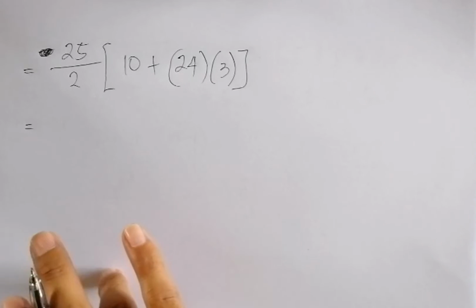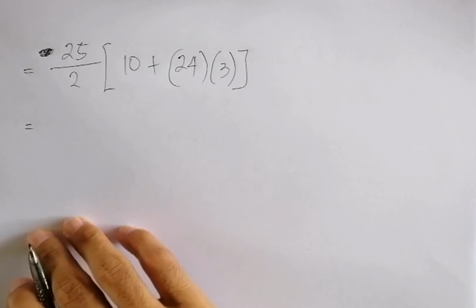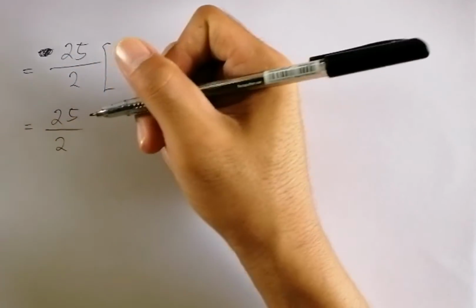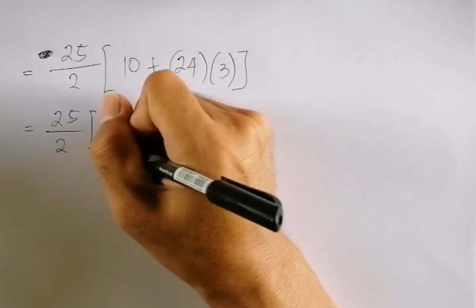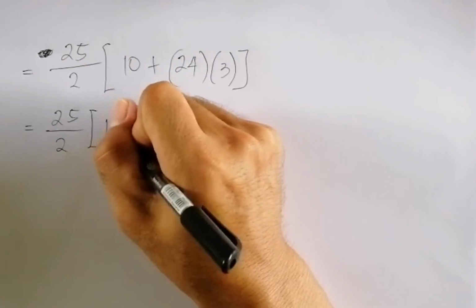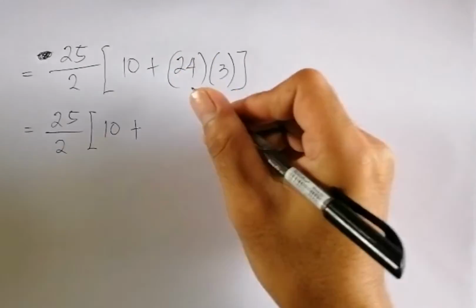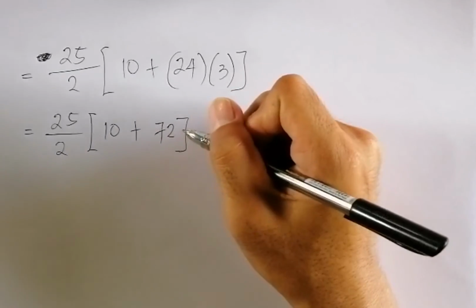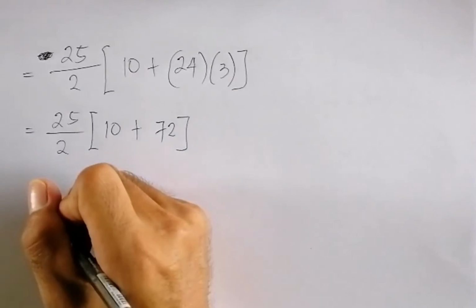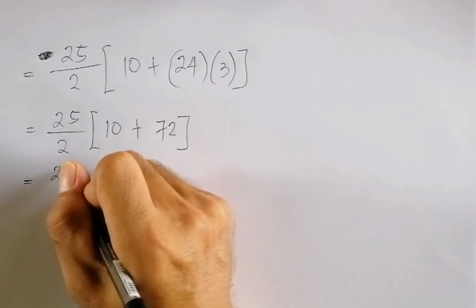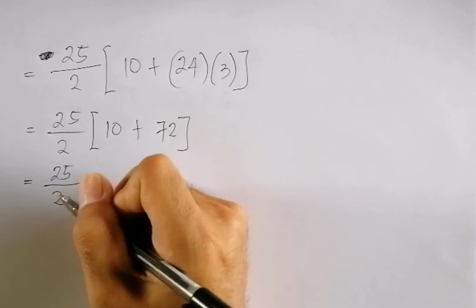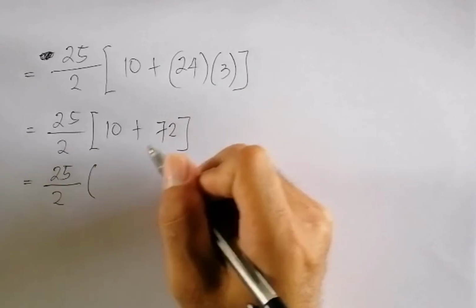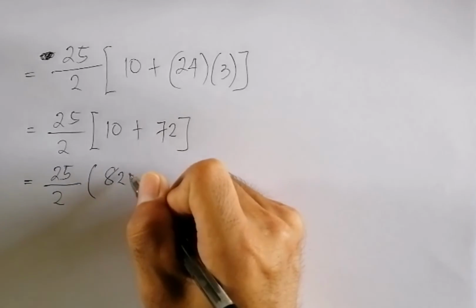Now, since 25 is not divisible by 2, we're going to simplify first the numbers inside the bracket. 10 plus 24 times 3, that is equal to 72. Then add 10 to 72. So that is equal to 82.